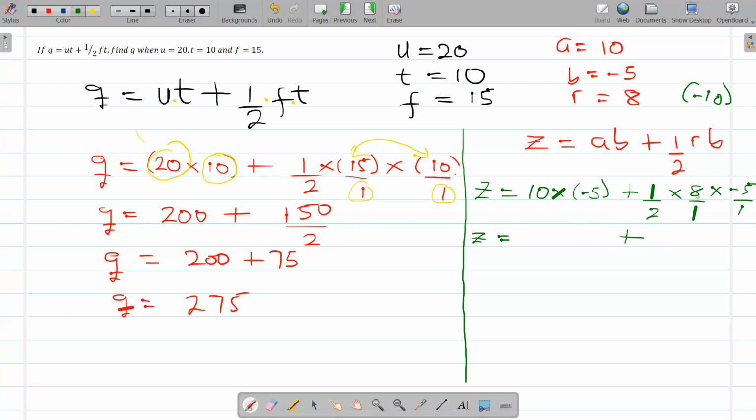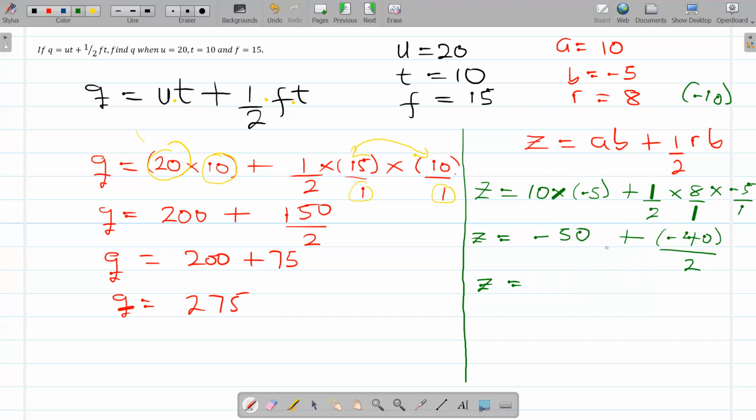I'm going to get negative 40, sorry. So this is negative 40 for this side, divided by 2. Okay, so that is sorted. What about this side? The 10 times minus 5, I got negative 50.